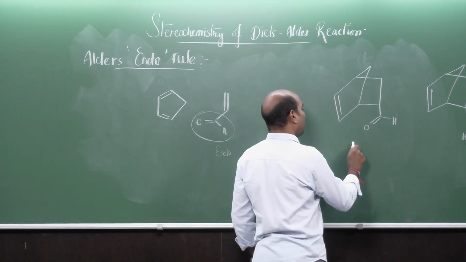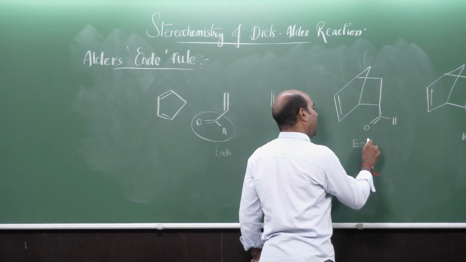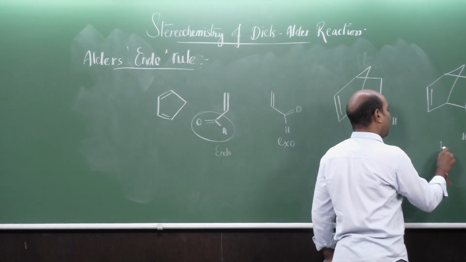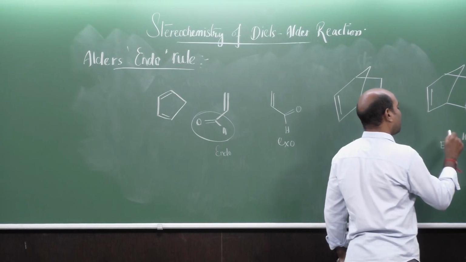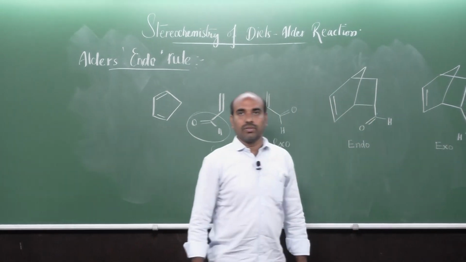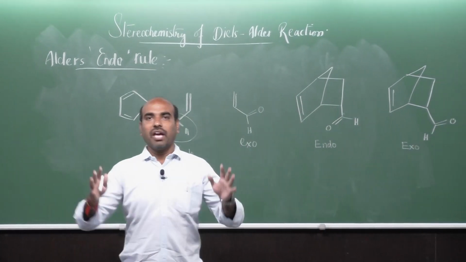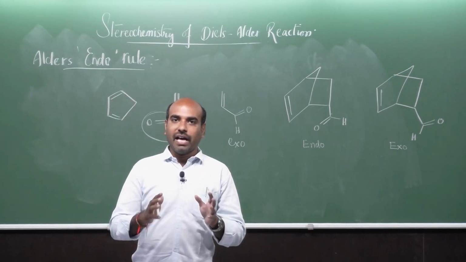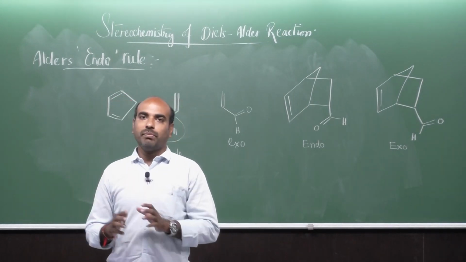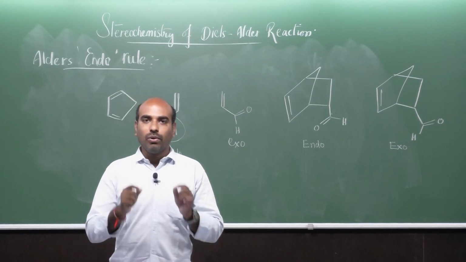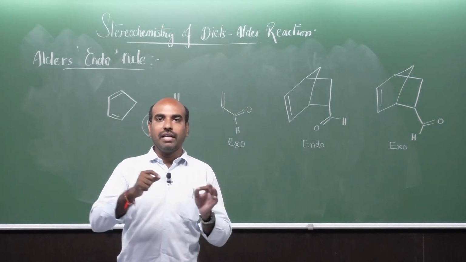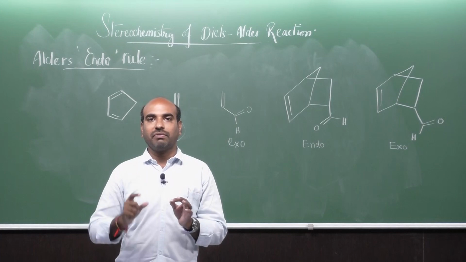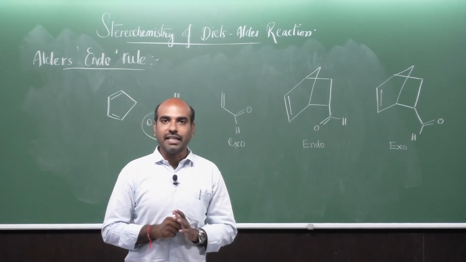So this kind of isomer is called an endo isomer and this type of isomer is called an exo isomer, right. Now Alder had a bunch of examples where he could see the endo isomer as well as the exo isomer only when the dienophile has an unsaturated functional group connected to it, right.